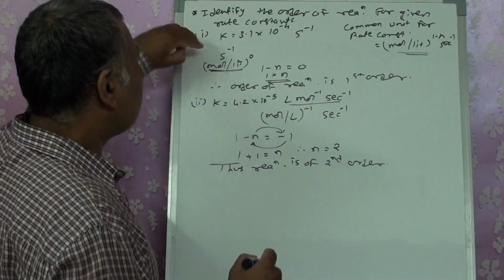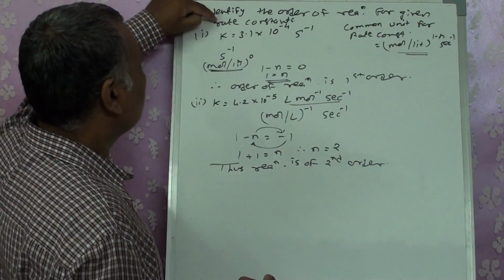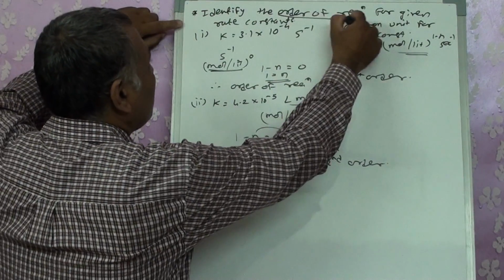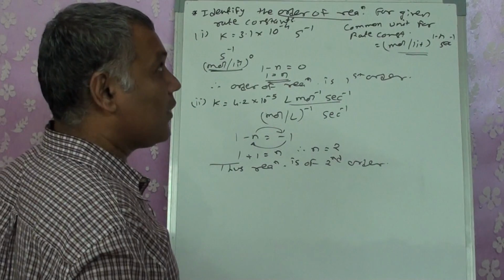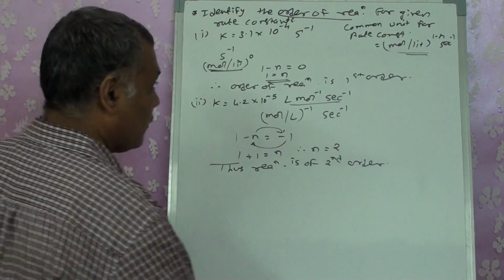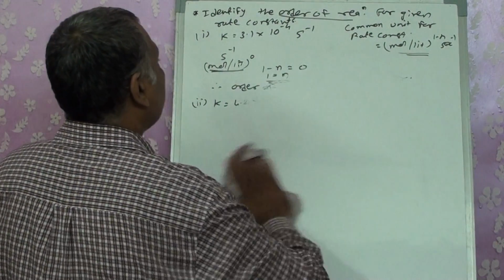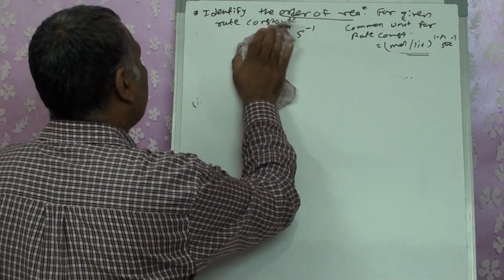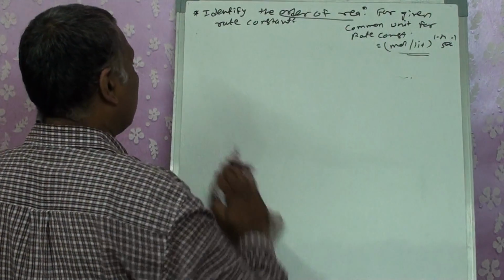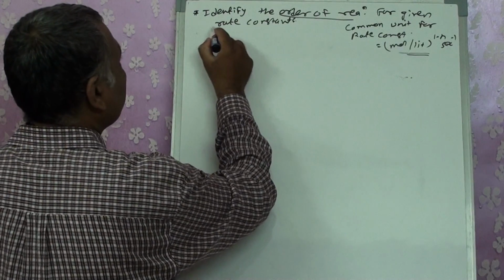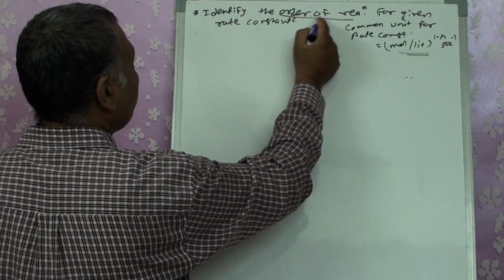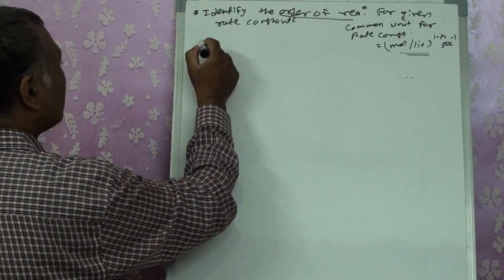Okay, now vice versa. Suppose in place of the rate constant, you have been asked to calculate the order of reaction from the given data. Or from the given order of reaction, calculate the rate constant.